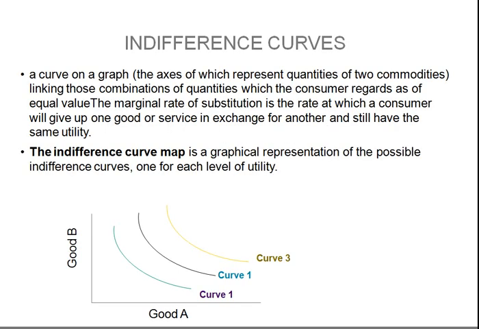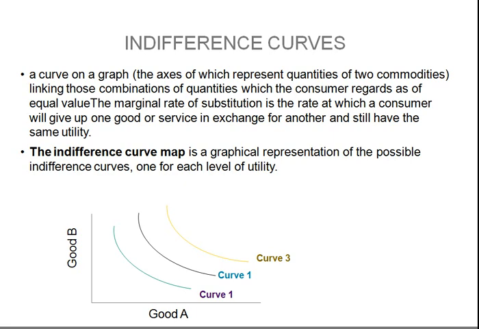Indifference curve. The indifference curve is somewhat later than utility theory. It is actually ordinal theory. It means we cannot measure the utility in terms of utils, but we can rank different baskets of goods. So an indifference curve is a graphical representation of possible indifference curves for each level of utility.